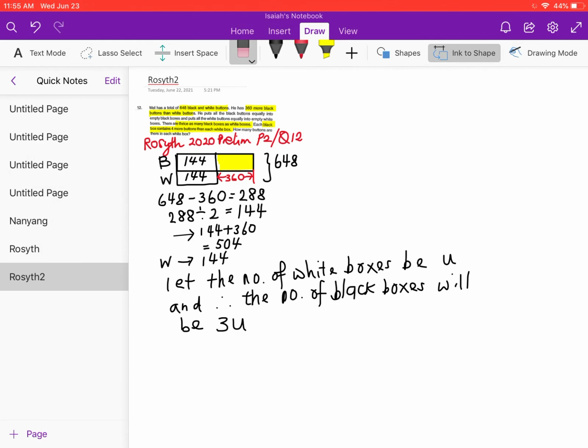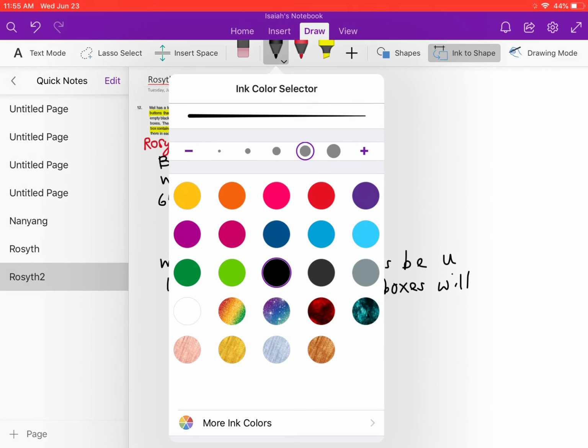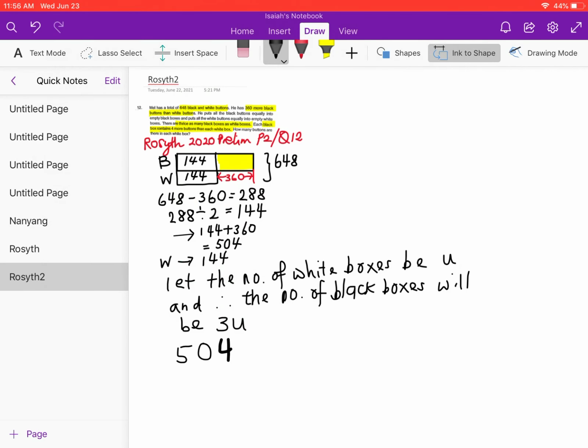Alright, so how do we go on from here? If you remember, there are 504 black buttons and they are put into 3U boxes. So if we take the number of black buttons and divide it by 3, that will be the number of buttons inside U number of boxes.